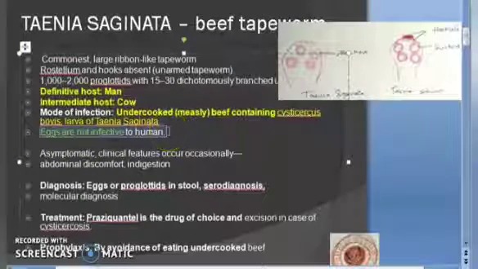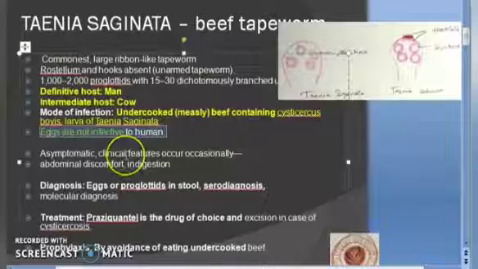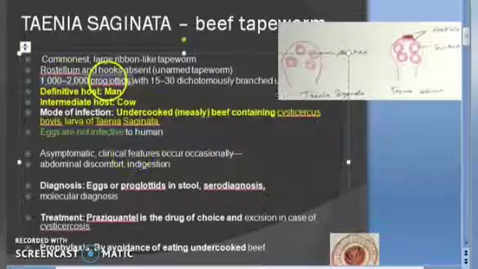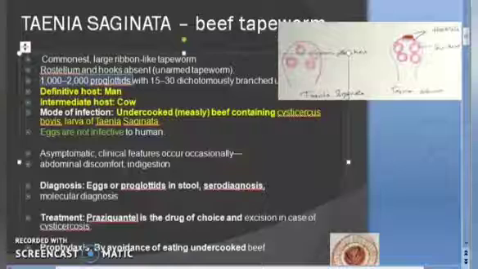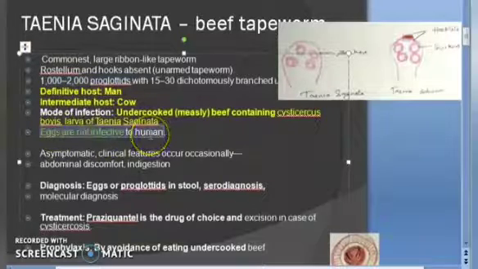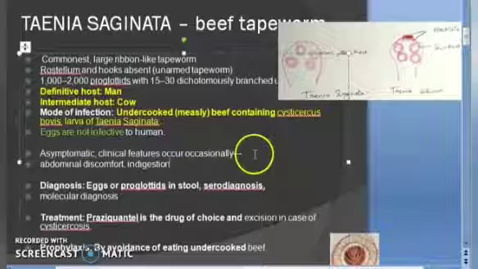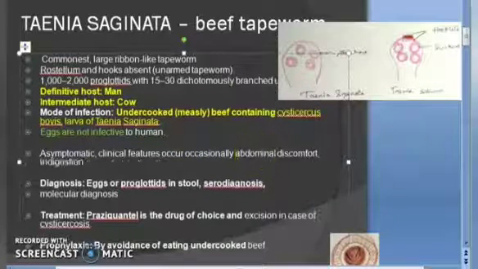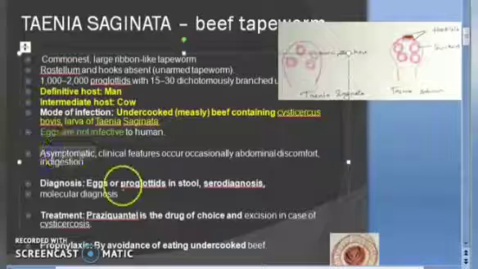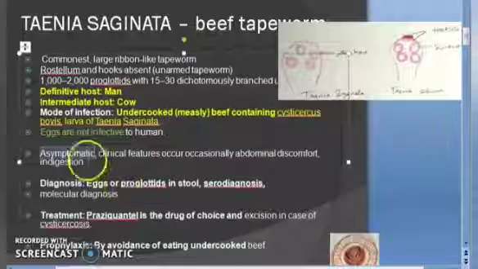Eggs are not infective to humans. So Taenia saginata, though it has so many proglottids and reproductive structures, the eggs are not infective to humans. In fact, the good thing is if there are adults inside us, they usually don't cause any problem. All problems are caused by larva only.